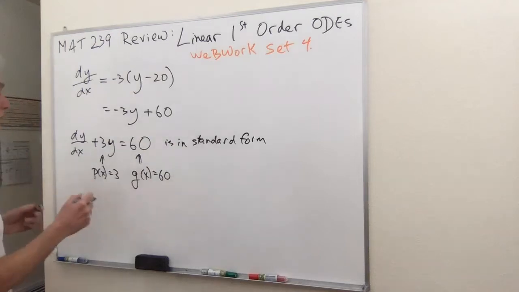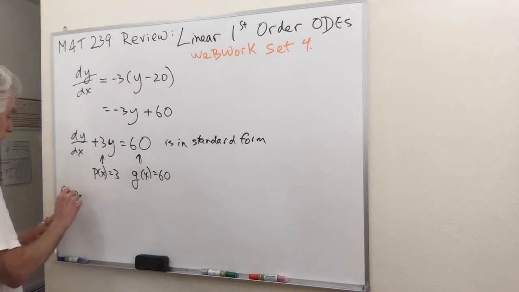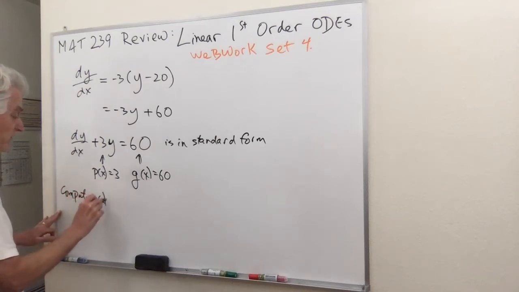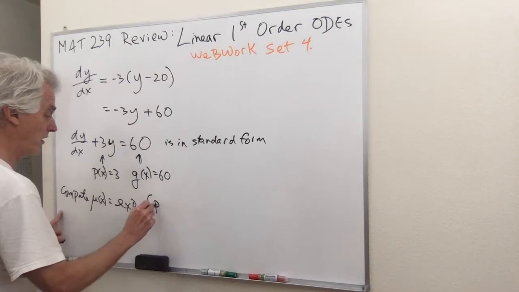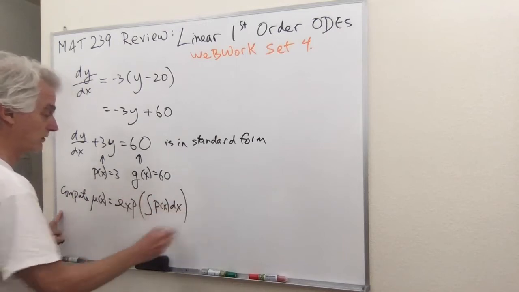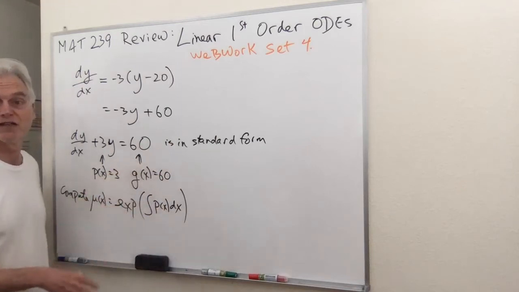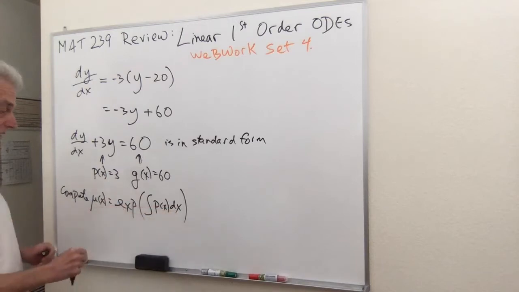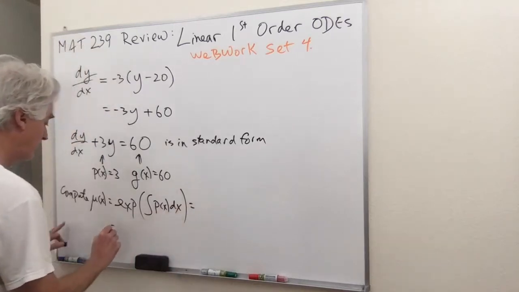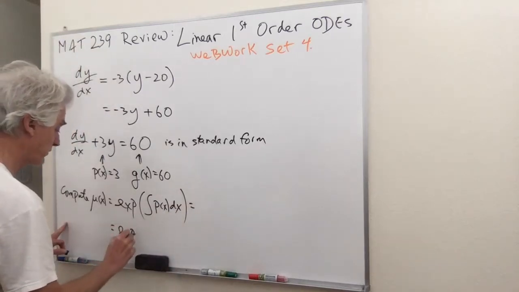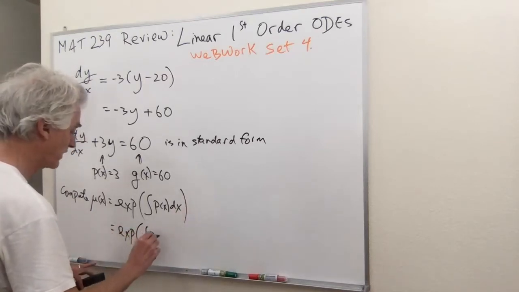Okay? So what we do here is we compute the magic integrating factor, mu of x is e to the integral of p of x dx. This is really the same as e to the, but when you have e to a big fat hairy mass, we like to write it as exp of that. So this is exp of the integral of 3 dx.